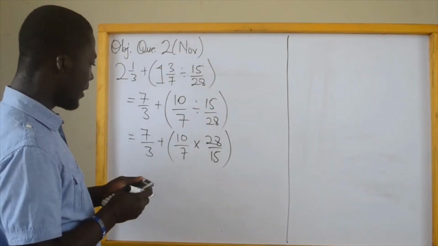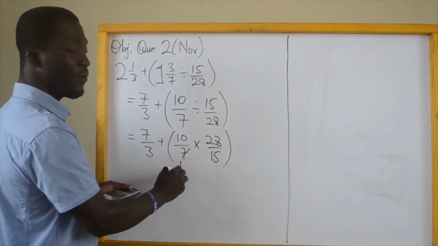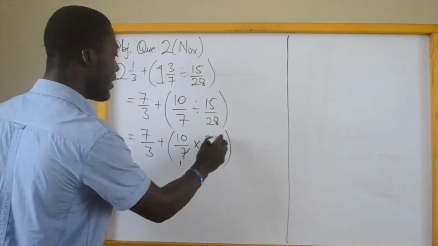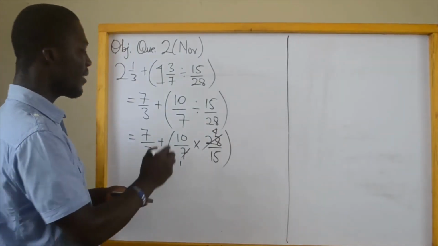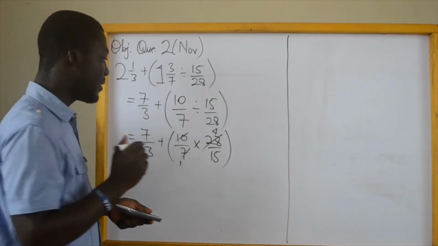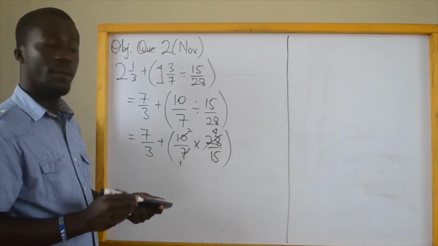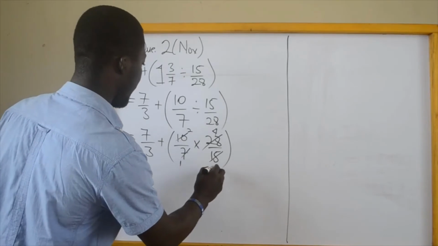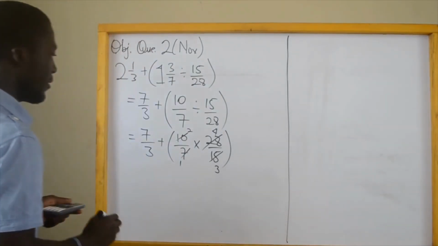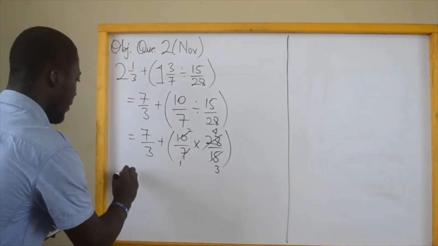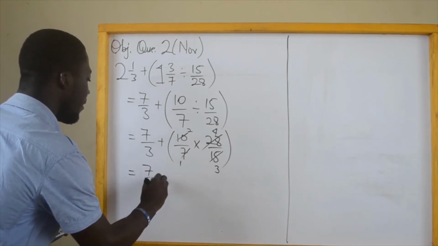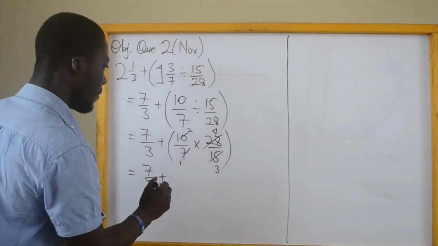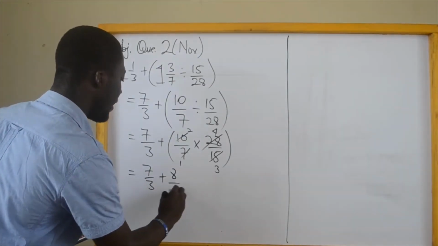When we do cancellations, 7 goes into itself, 1. 7 goes into 28, 4. 5 goes into 10, 2. 5 goes into 15, 3. So in all, we are going to get 7 over 3 plus 4 times 2, which gives 8, divided by 3.